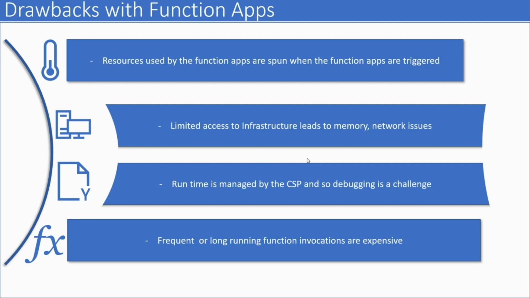This can be mitigated by optimizing code for performance and only triggering functions when necessary. What I'm trying to say here is ensure that your code is optimized so that when you run an Azure function, it takes very little time, and so the expense for running such a function will be very low over a period of time.